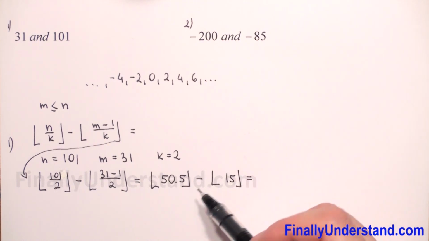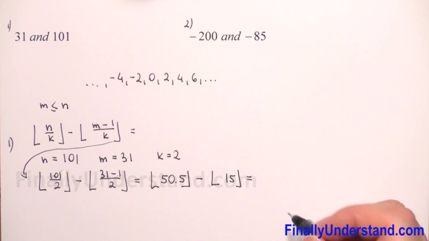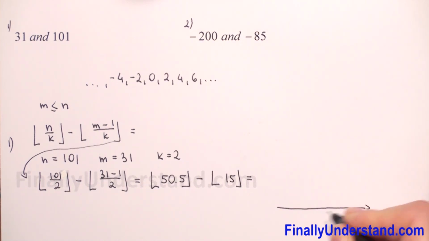Now let me remind you what the floor of a number is. The floor of a number is the largest integer less than or equal to x. Because we have 50.5, this number is between 50 and 51.